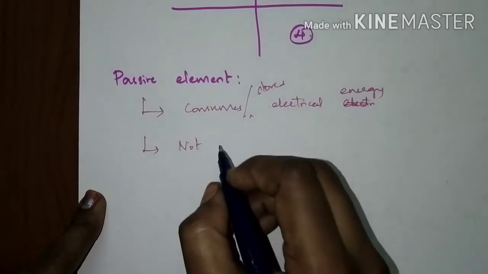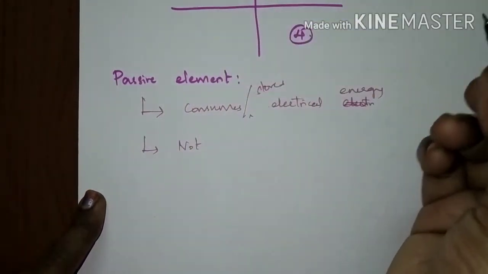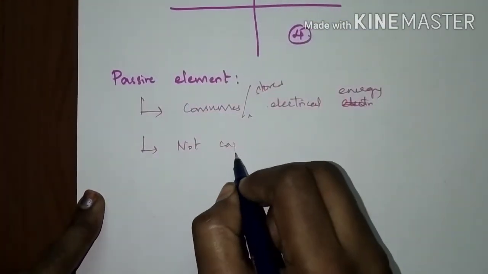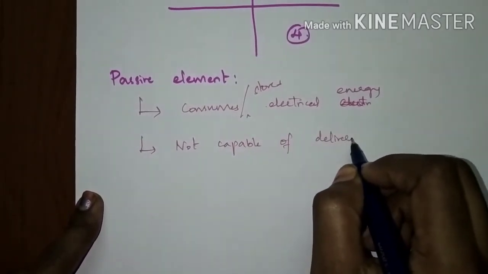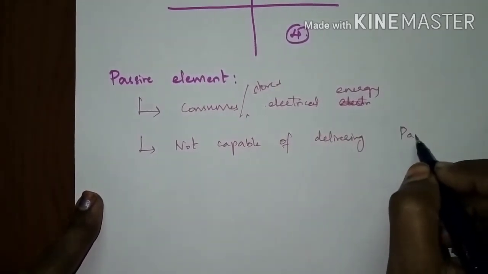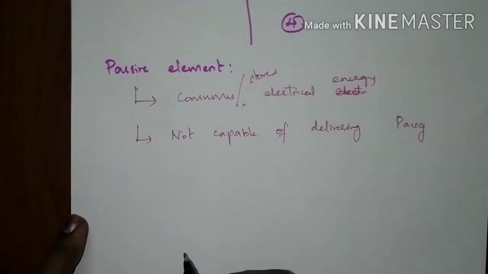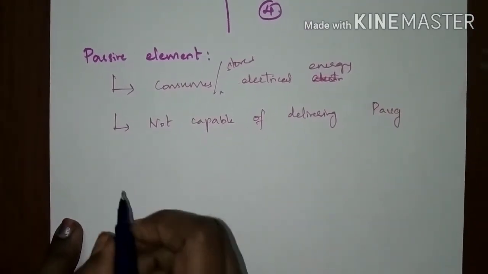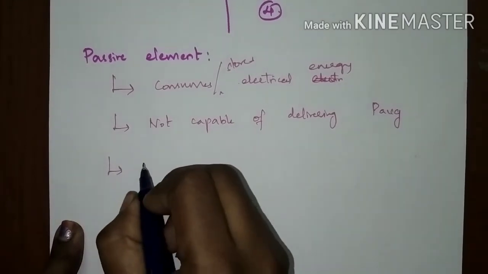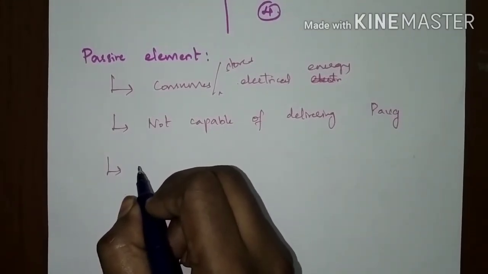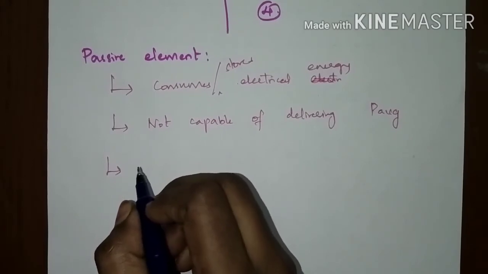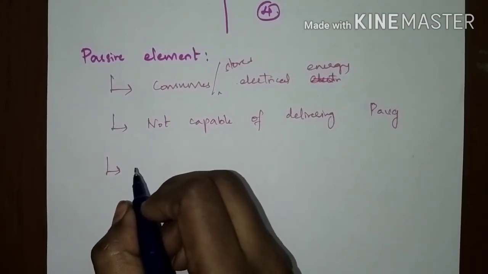Whereas an active element will be capable of delivering average power, a passive element is not capable of delivering average power. It just consumes energy and power. And based on the waveform, if the waveform of the electrical energy is not changed, then that element is termed to be a passive element.